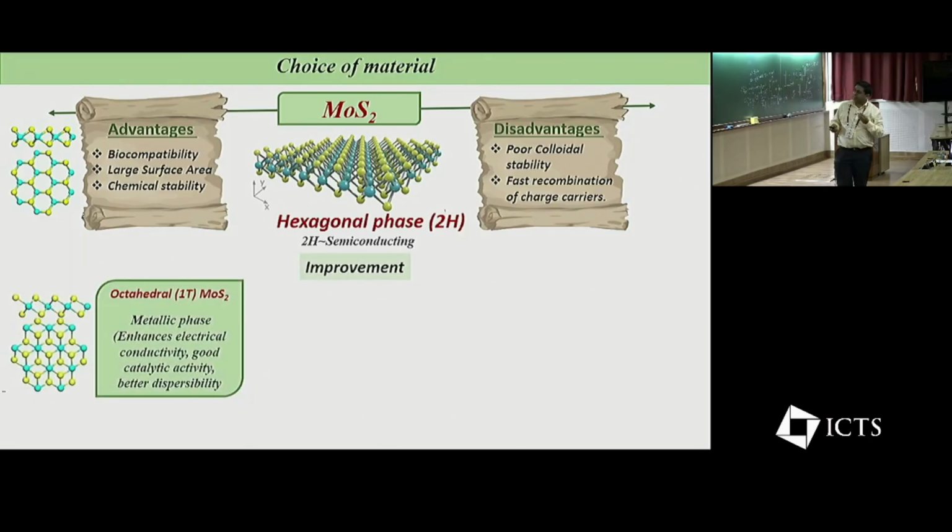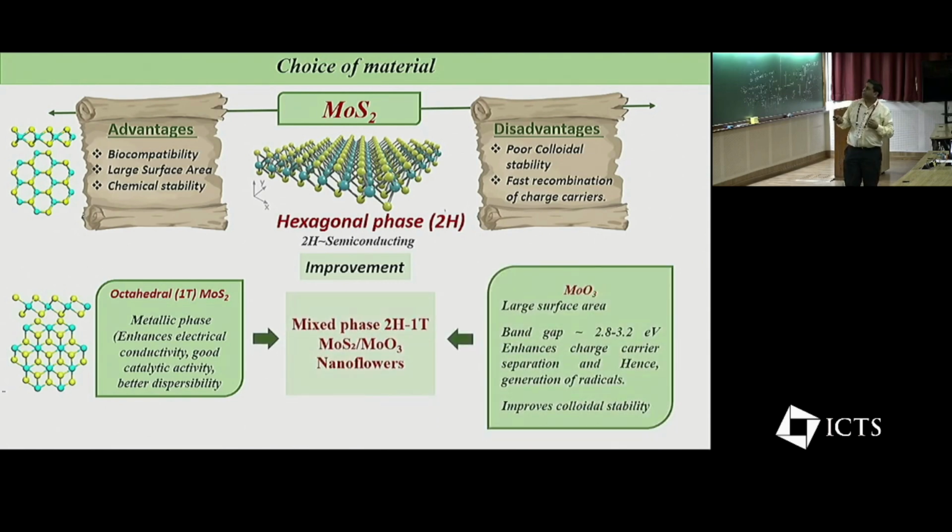By taking the octahedral phase of MoS2 and mixing these two phases, it will improve properties like colloidal stability, and it will also become conducting. The 2H phase is semiconducting in nature, and if you have the mixed phase, it is conducting.